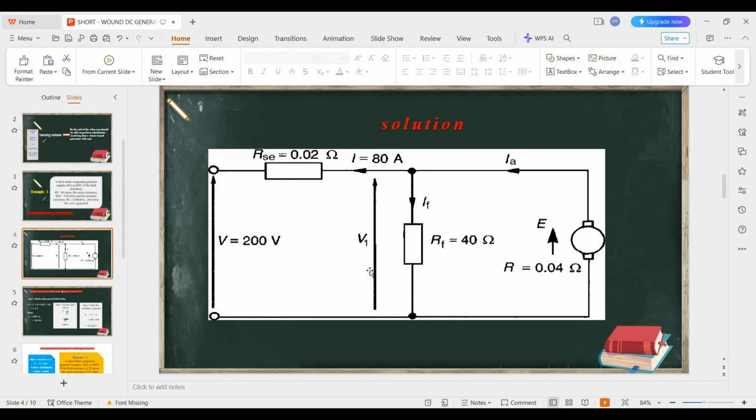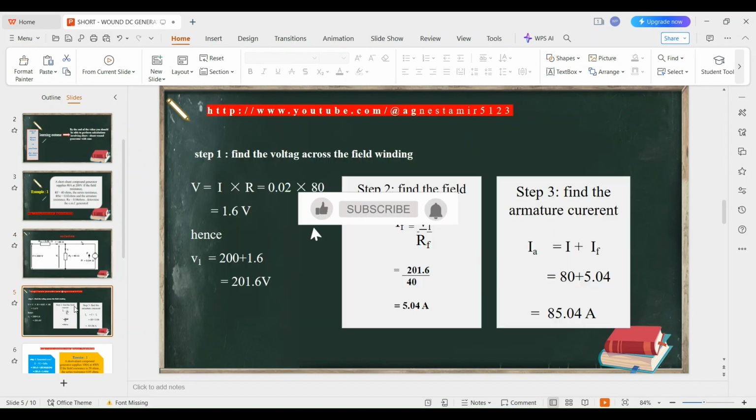This V1 is what I am calling the terminal voltage. Our supply voltage is 200, plus our voltage drop of 1.6. Therefore, our terminal voltage will be equal to 201.6 volts. That is step 1.